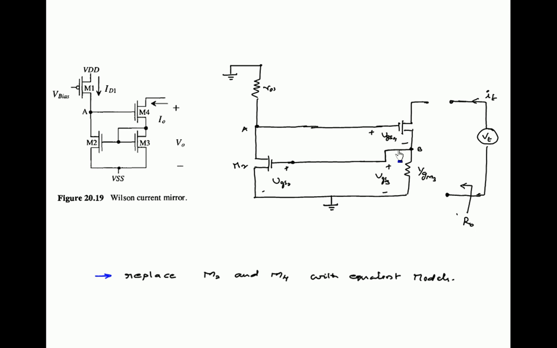The M2 source is connected to ground, so source and substrate are at the same potential, ground. So M2 doesn't have any body effect. But the source of M4 is not connected to ground; it is at point B. So there is a body effect present in M4. While modeling M4 with the small signal model, we must consider the body effect also.